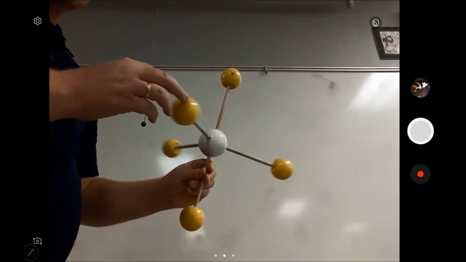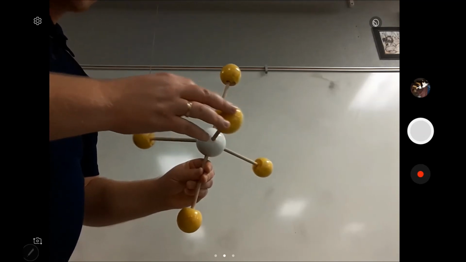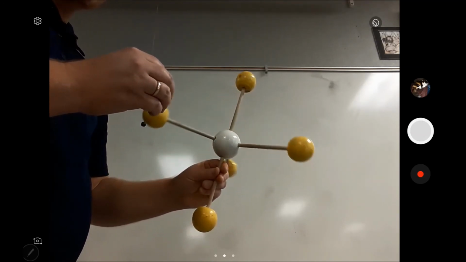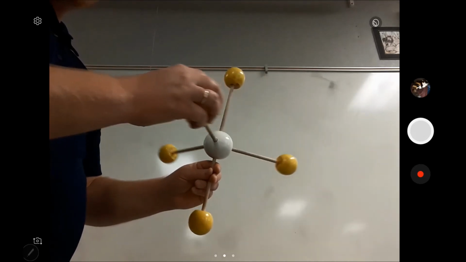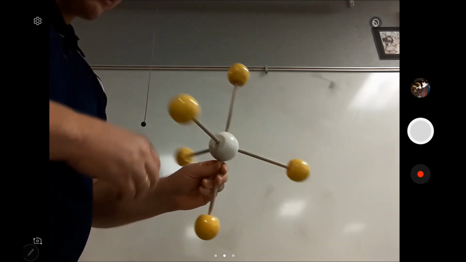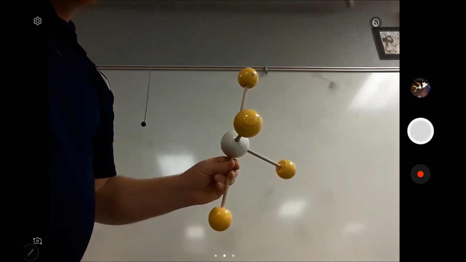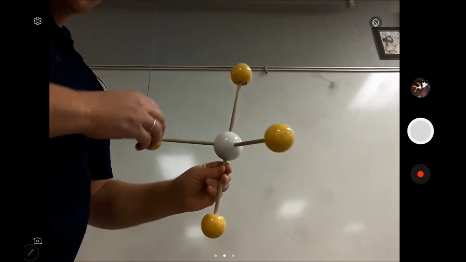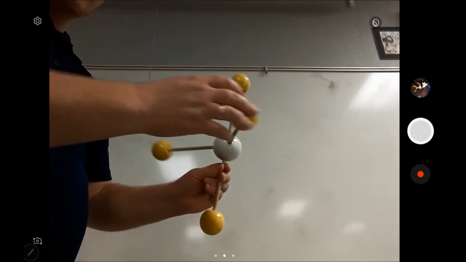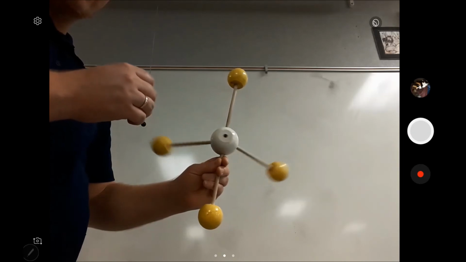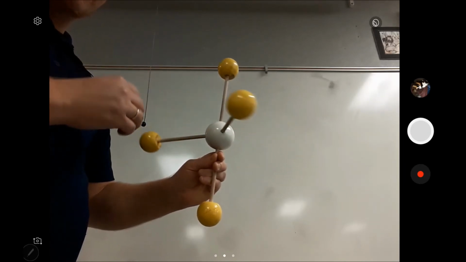Not to minimize repulsive forces, but to minimize atoms trying to occupy the same space. That means the electrons are going to be located on the equatorial positions. Okay? So electron lone pairs are always occupying equatorial positions on a trigonal bipyramidal shape.